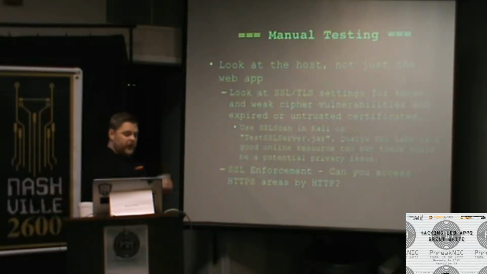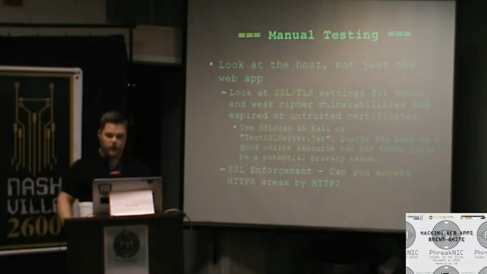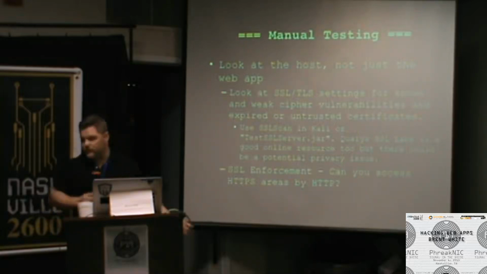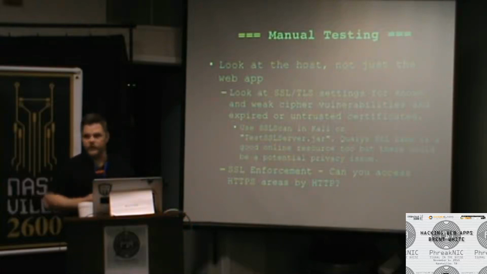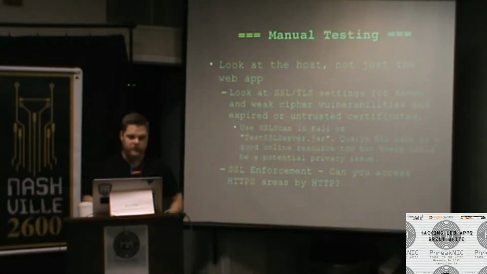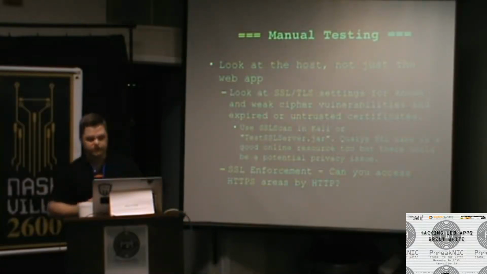Make sure that you're looking at the SSL/TLS settings as well. Or are they even using SSL? If they have authentication or something that should be protected, and it's not going over a secure connection, that's a vulnerability. So just pay attention to those things.